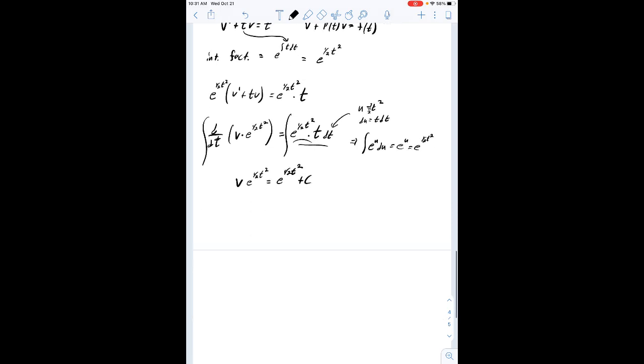And then we always add the plus c. So now we get v is equal to 1 plus c over e to the 1/2 t squared.